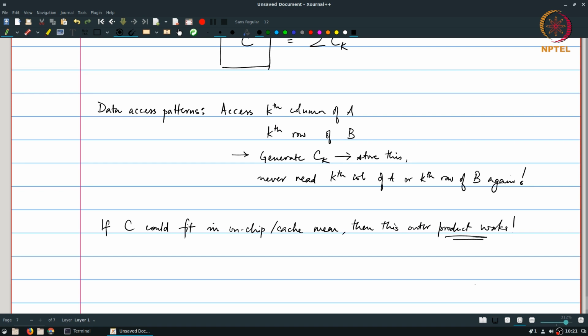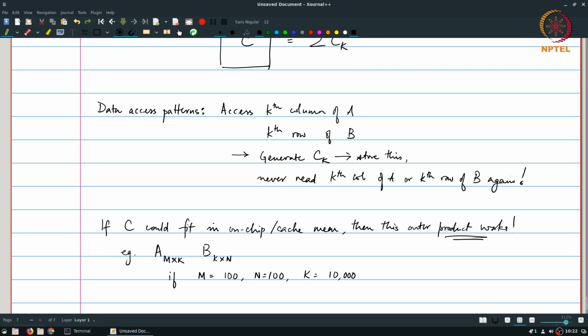An example of this could be a situation where, let's say that I had A, m cross k, multiplying B, k cross n, and let's say that m is equal to 100, n is equal to 100, but k is equal to 10,000.